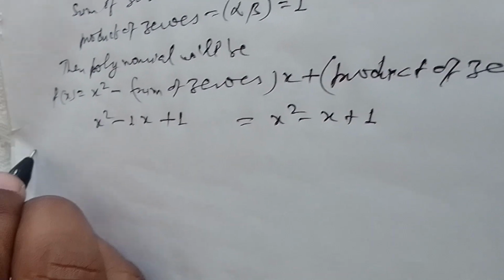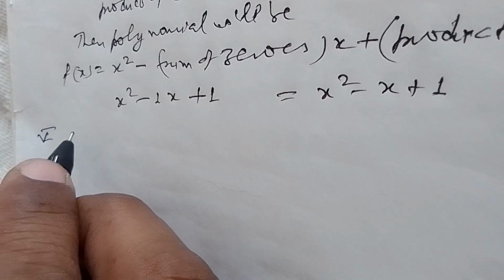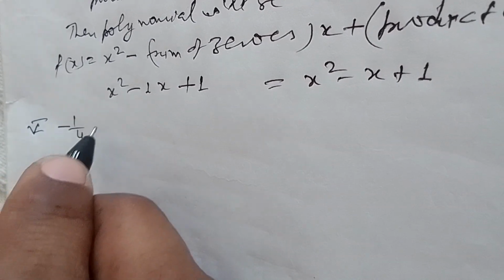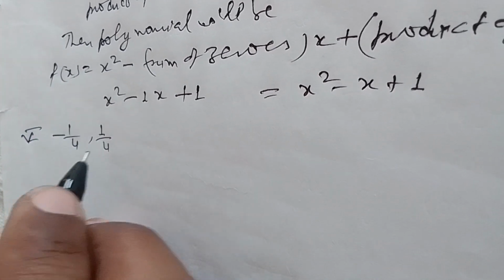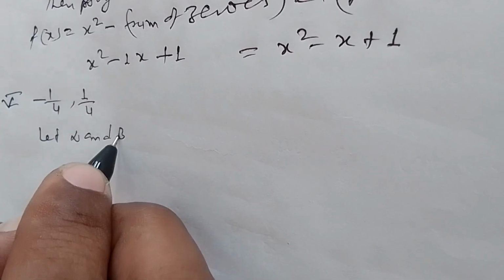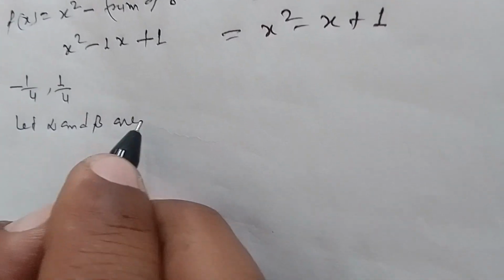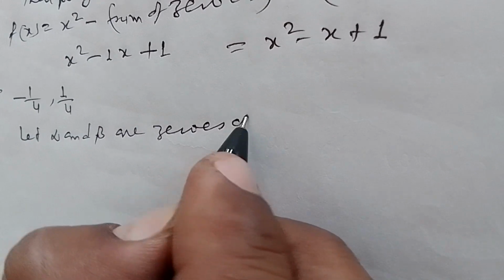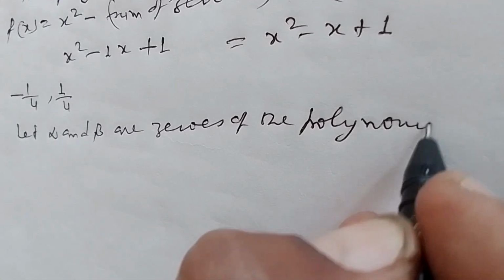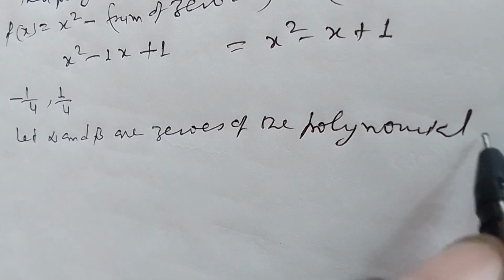Now the fifth part of the second question is, the sum is given as minus 1 by 4 and the product is given as 1 by 4. Let alpha and beta be the zeros of the polynomial equation.